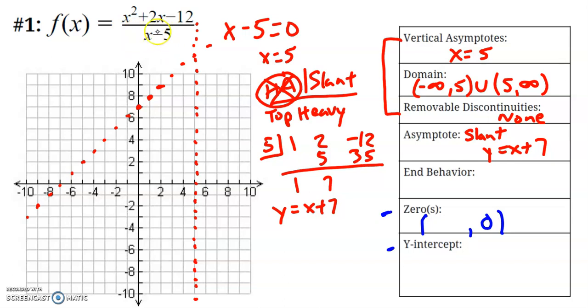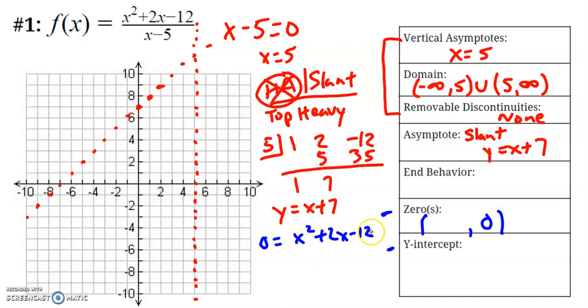Whenever you solve that, some of you might even skip this step. I'll do it probably on the next one. Every single time, this denominator, you're going to have to multiply by it. You get 0 there, so it just goes away every single time. So if you want to just start here, setting your numerator equal to 0, that absolutely will give you your zeros, or in other words, x-intercepts.